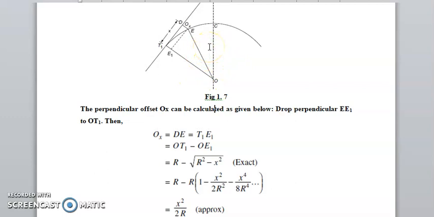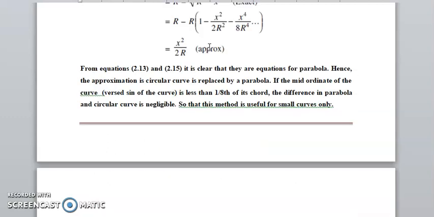The perpendicular offset OX is given by OX equal to T1E1 equal to OT minus OE, which is R minus the square root of R square minus X square, that is R(1 minus (1 minus X square by 2R square minus X to the fourth by 8R to the fourth)), approximately X square by 2R.